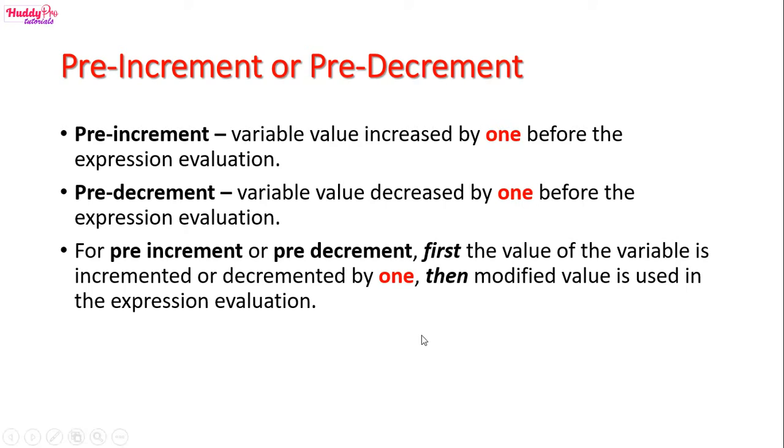For pre-increment or pre-decrement, the first thing to do is that the value of the variable is incremented or decremented by 1. After doing that, the modified value is used in the expression evaluation.